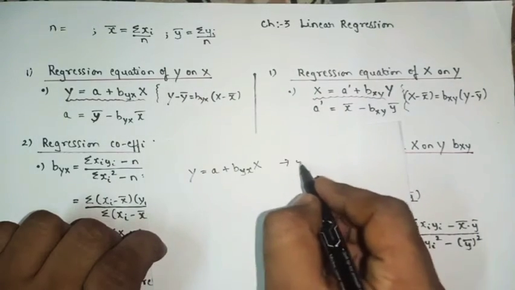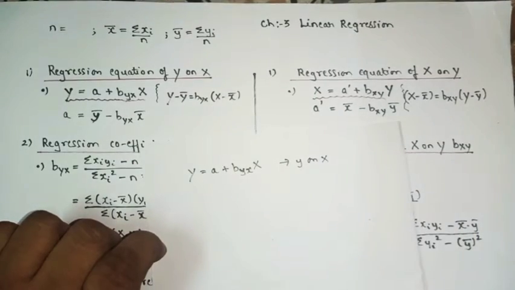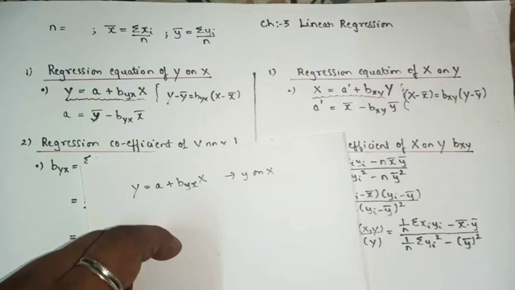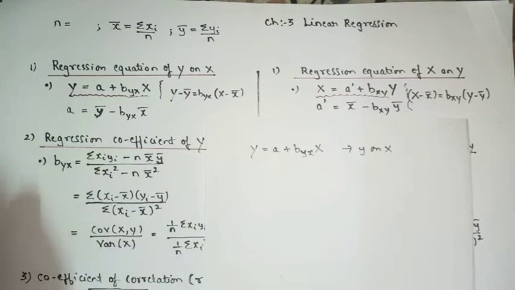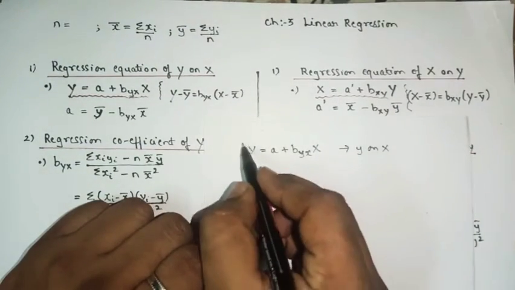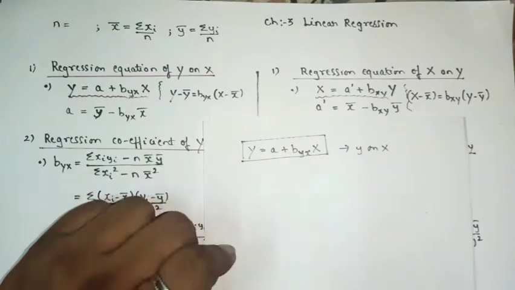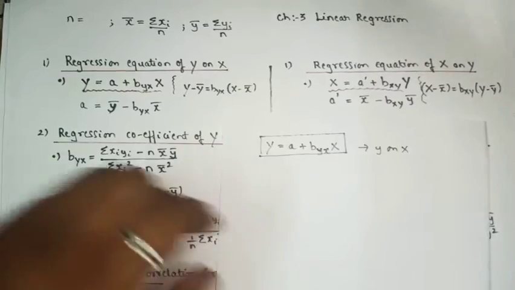So this is y on x. Okay. So first we'll see the concept for y on x. Then after that x on y. So this is the formula for regression of y on x, regression equation of y on x.